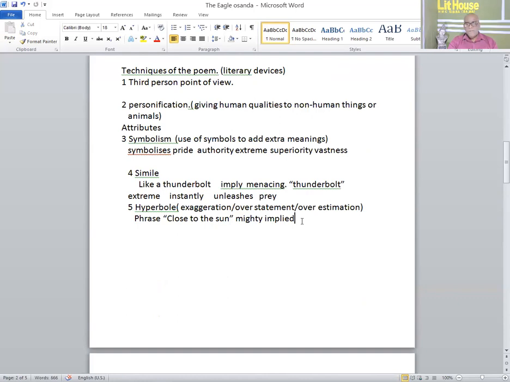implied. The mighty sea is personified into a weak old man, implying that the eagle is youthful and strong.